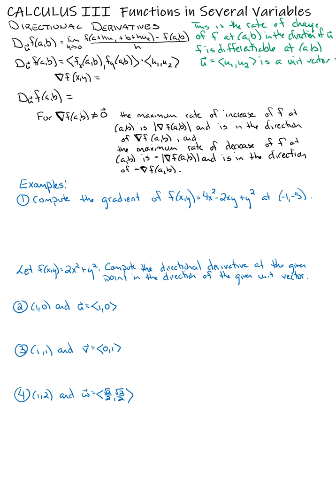Now this bit right here, where the first component is the partial with respect to x and the second component is the partial with respect to y, is actually so handy that it has a special name.